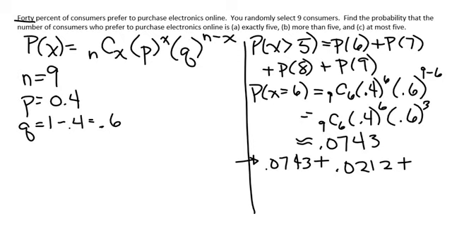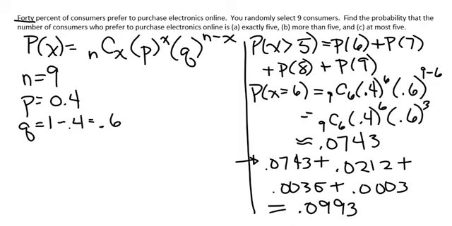For 8, it's 0.0035. And then for 9, it's 0.0003. Okay, so I add all these up together, and I get 0.0993. So the probability that x is greater than 5 or more than 5 is 0.0993.